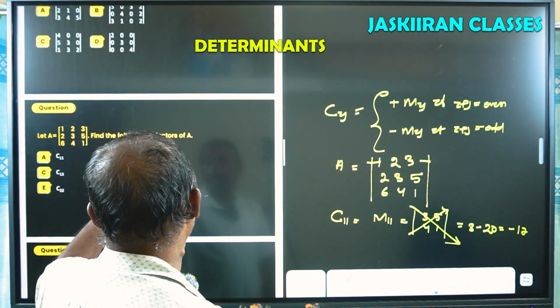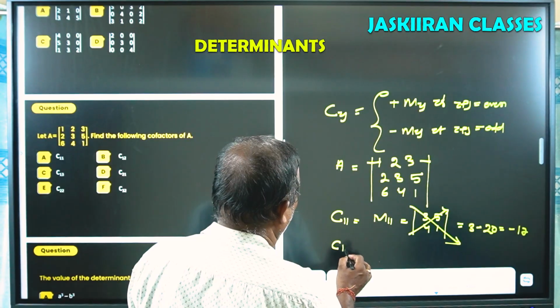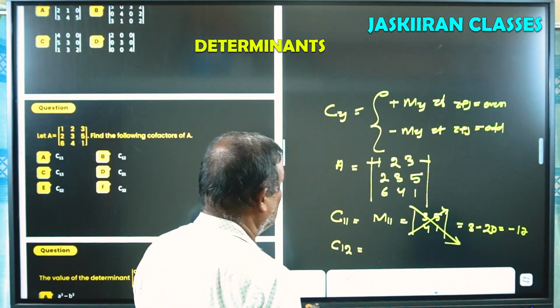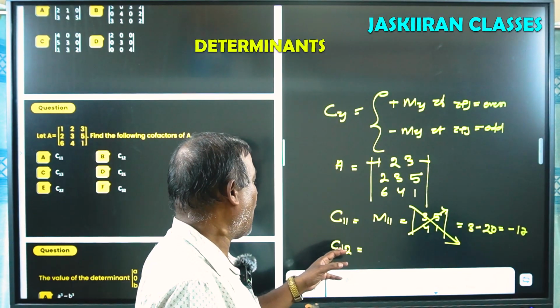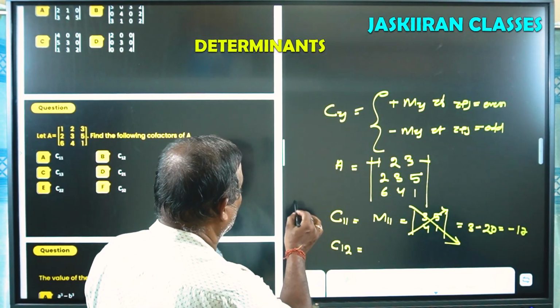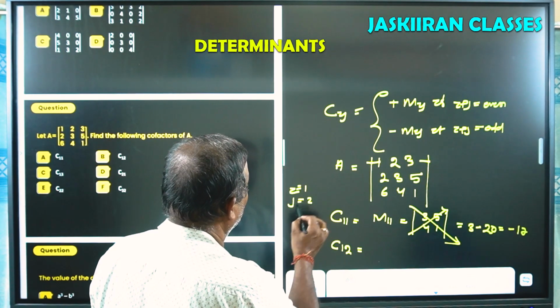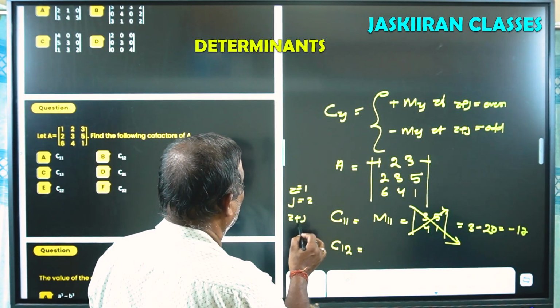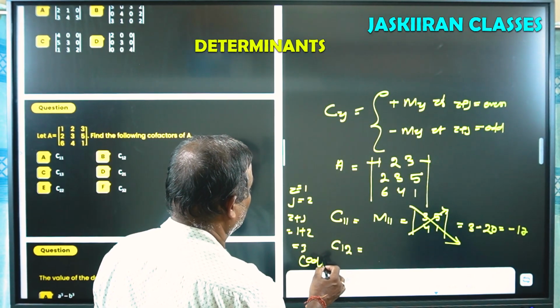Similarly, how do we get the cofactor C12? For C12, i equals 1 and j equals 2. Then i plus j equals 1 plus 2 equals 3, which is odd.